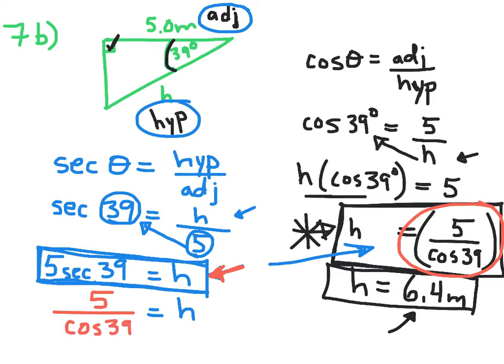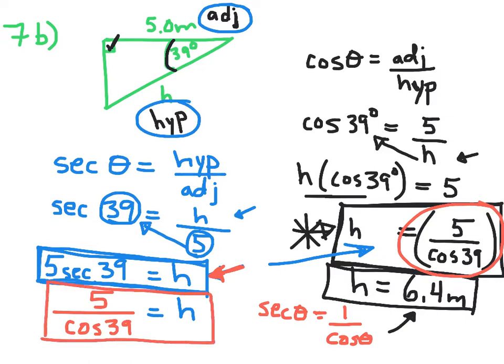We know that secant theta is the same as 1 over cos theta. So secant 39 is the same as putting cos 39 on the bottom of that fraction. So we could still find h, and notice that this is the exact same line as this here. When you do 5 divided by cos 39, you get 6.4.